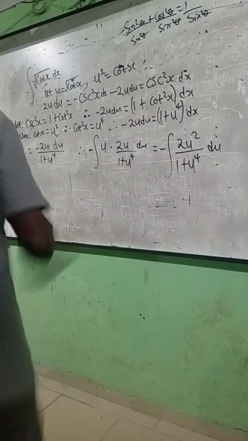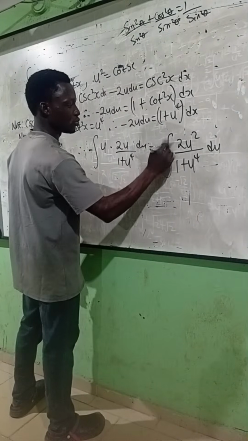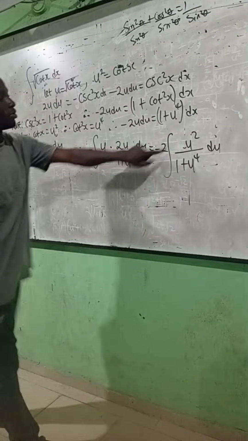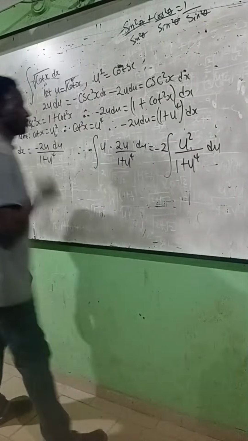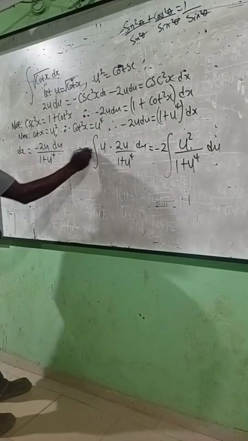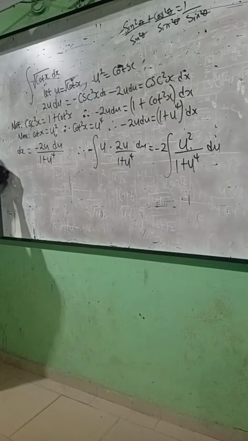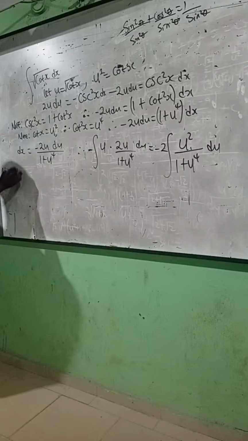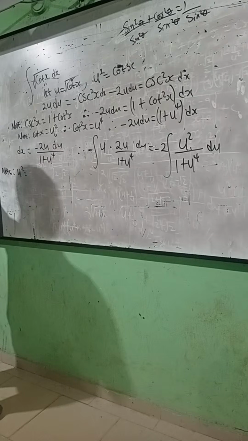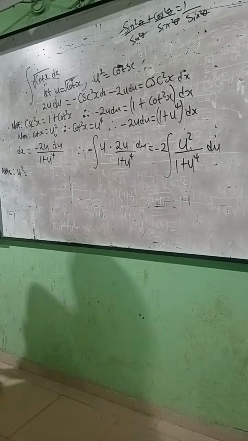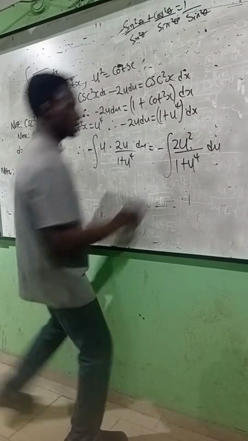So let's remove the 2. Equals to minus 2. Yeah, let's remove the 2. There's no problem. Now we go to the next part. Note u square equals to what? I mean, let's not remove it. 2u squared, let's keep it that way.